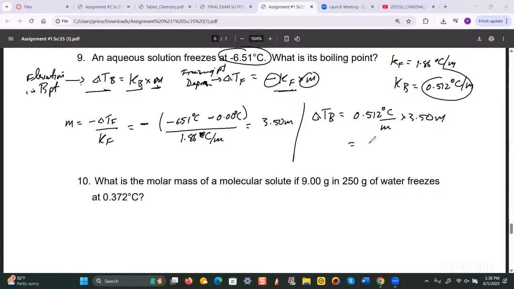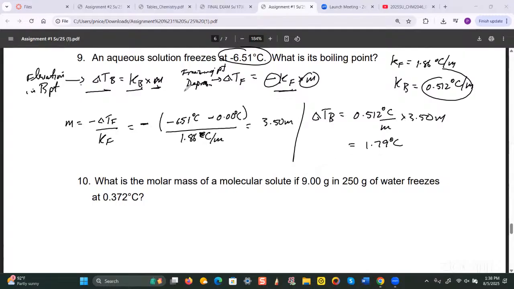Let me do this again. 3.5 times 0.512. I'm sorry, 1.80. No, I'm sorry, 1.79. My bad. 1.79 degrees Celsius, right? So delta TB is equal to that.